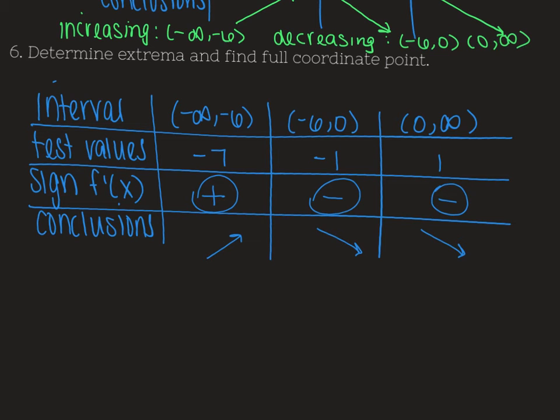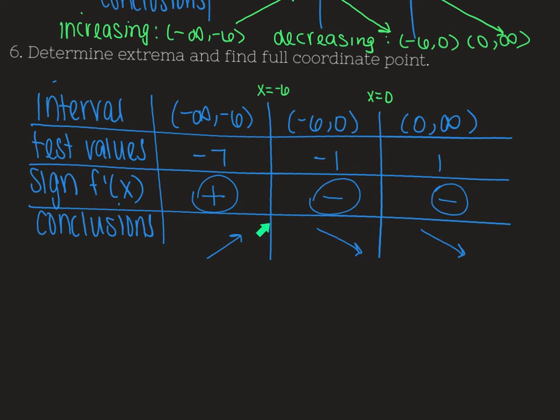All right, so this is the very final step that will determine some information. You can notice that this line is pretty much the time that x equals negative 6, and this line over here is pretty much when x equals 0. So we're trying to determine extrema, and what you can remember is that extrema only occur when we're switching signs. You can see here we're increasing during this whole interval.